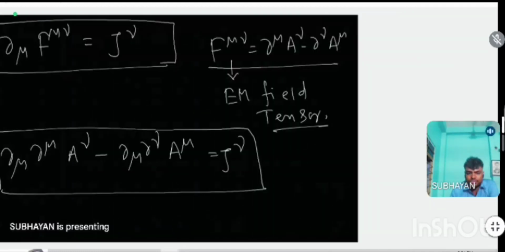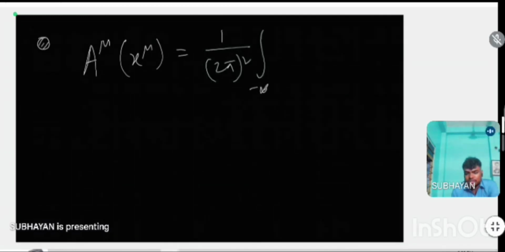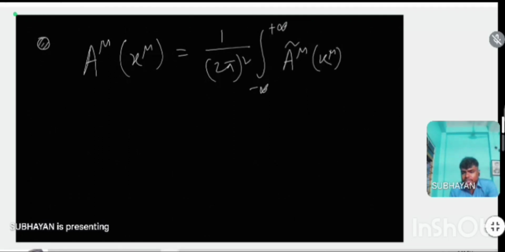So in terms of the Fourier transformation, suppose this A mu, which is a function of the space-time four-coordinate x mu, will be equal to 1 by (2 pi) squared, integration over four-volume, A mu tilde, function of k nu, e to the power i x mu k mu, d^4k.